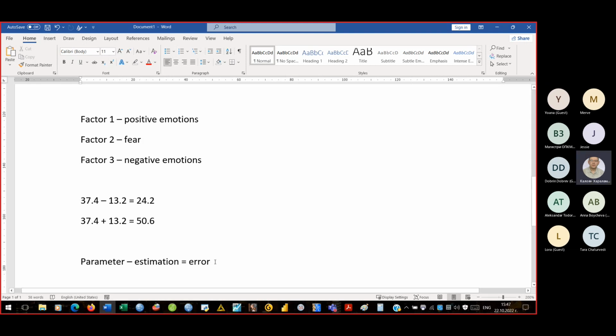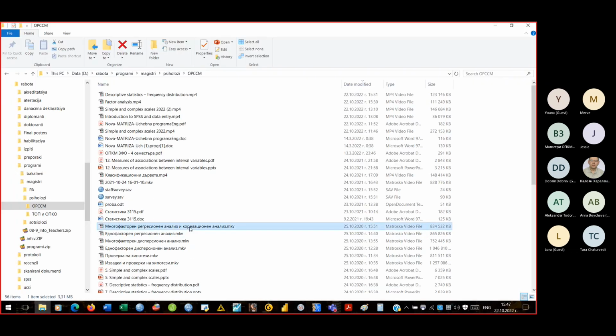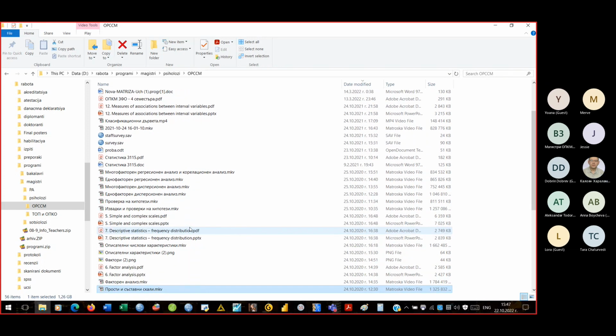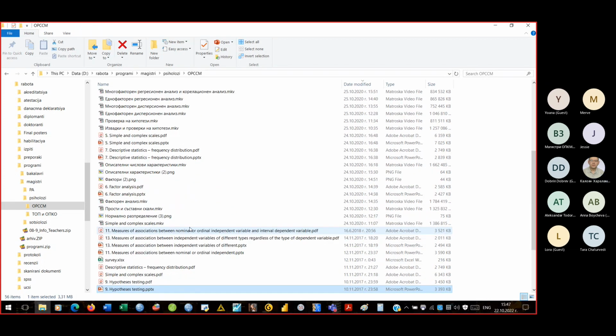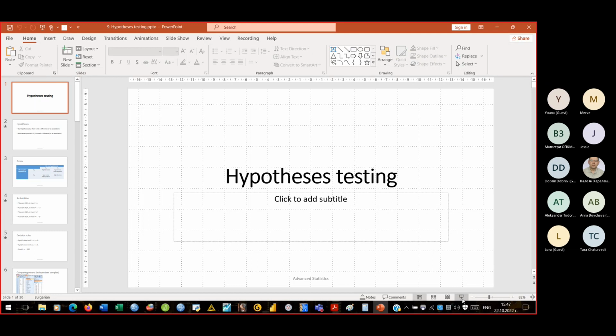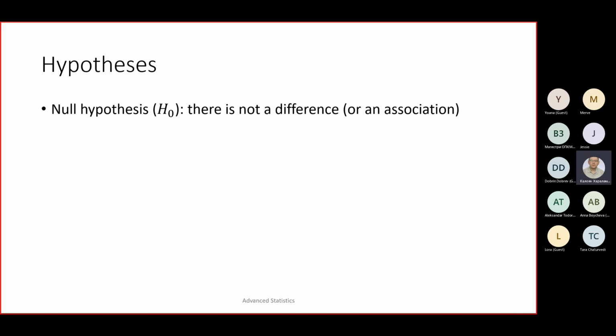And now we will start with hypotheses. I will start the presentation about the hypothesis. And first, we must define the hypothesis.